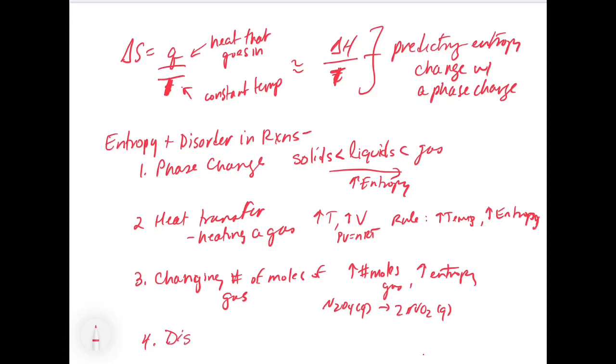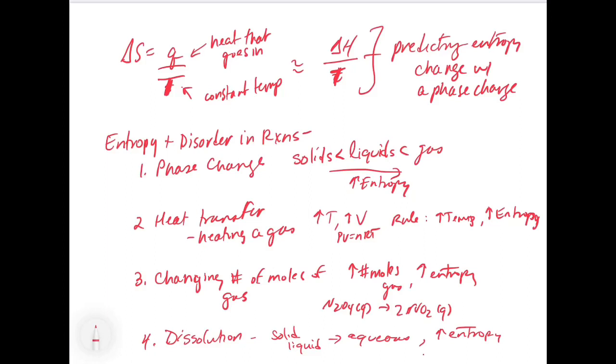And then the final one is dissolution. So when you have a solid or a liquid that goes to the aqueous phase, you're going to increase entropy. The reason for this, of course, is that the solid or liquid is very well organized.